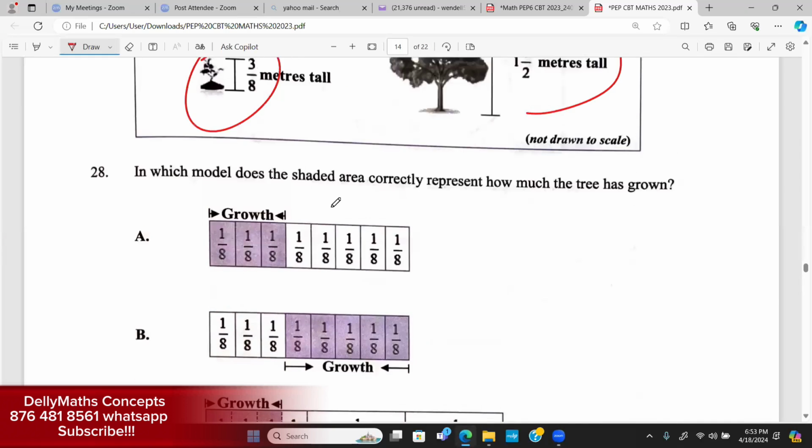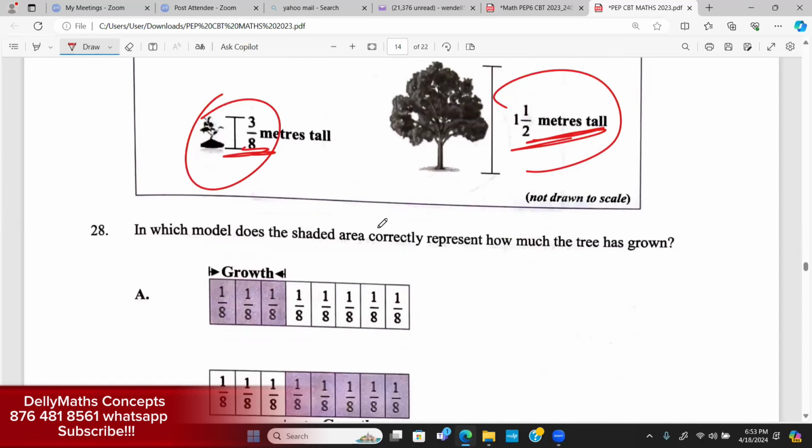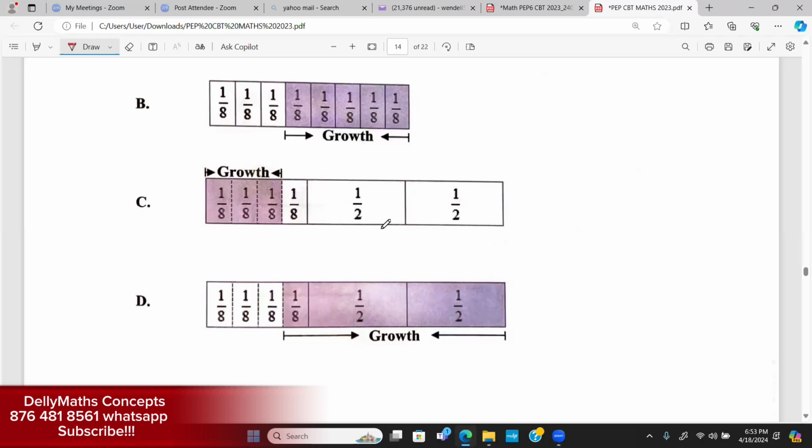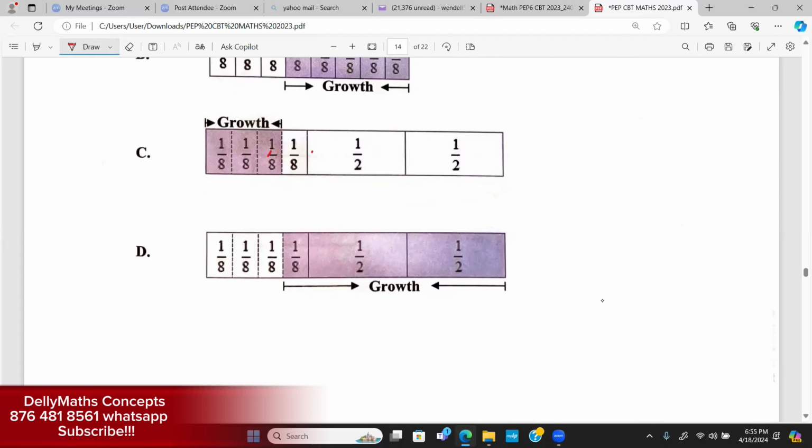So the tree is this tall now, and it was this. If you look at the last response, this is showing what the tree was. The tree was, and this is growth, right? This is growth. Let us see how tall the tree is now. This is 1.5 too, because this is 1.